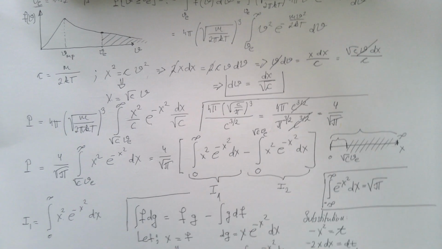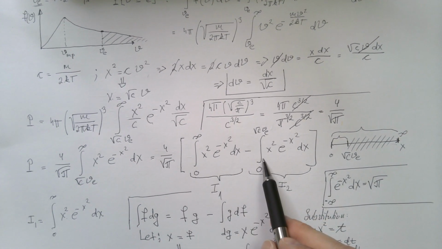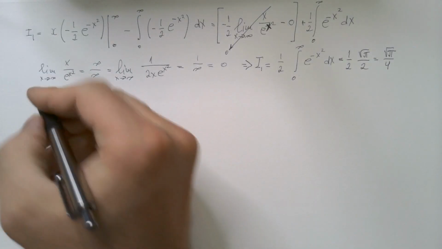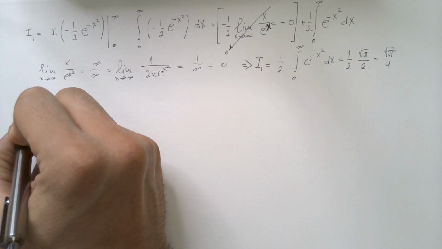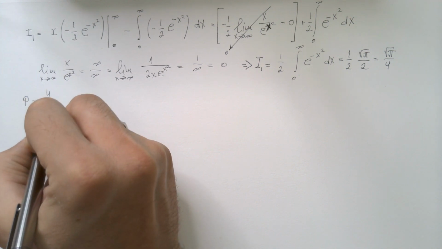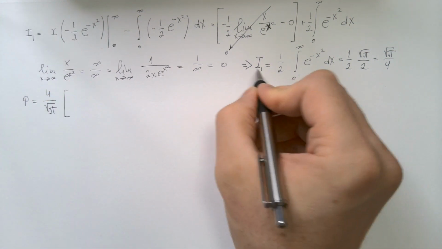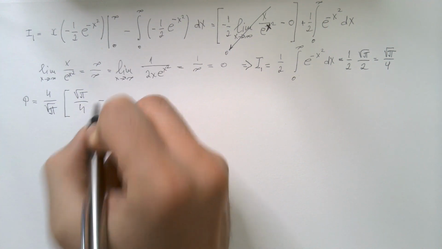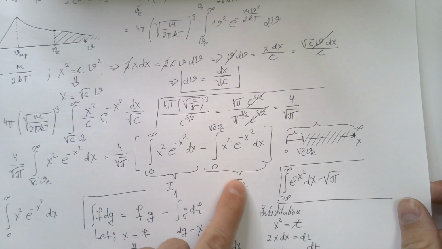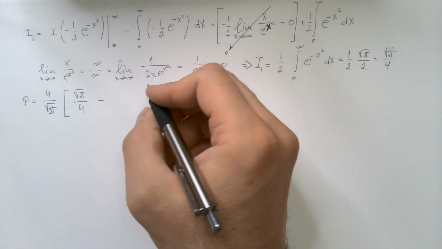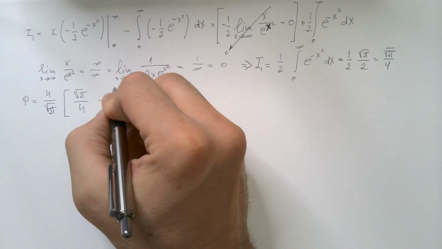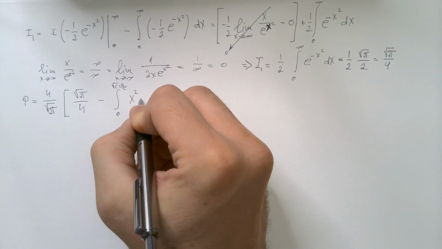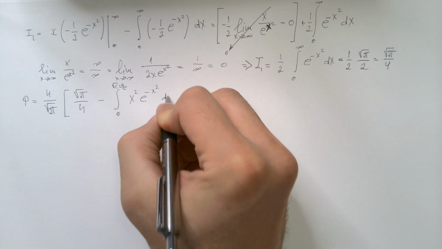Okay, so going back to this expression over here, notice that we solved integral I1. So I will go back to my integral P and write that P is equal to 4 over square root of pi, that was the constant multiplying integral I1, which is square root of pi divided by 4, minus this integral I2. And that would be the integral between 0 and the square root of c times escape velocity, x squared e to negative x squared dx.